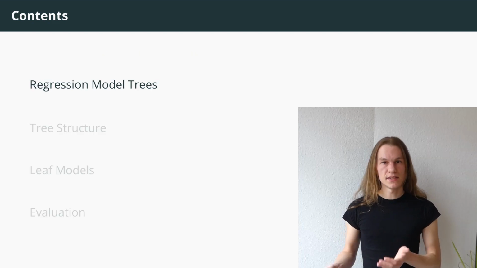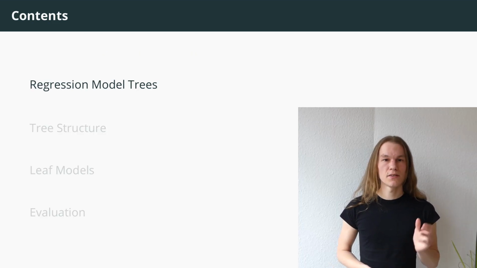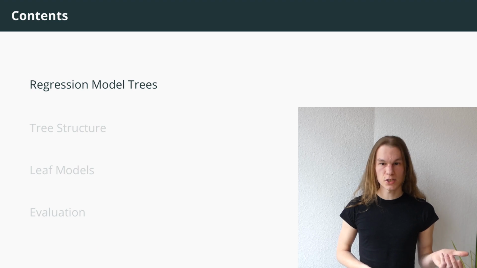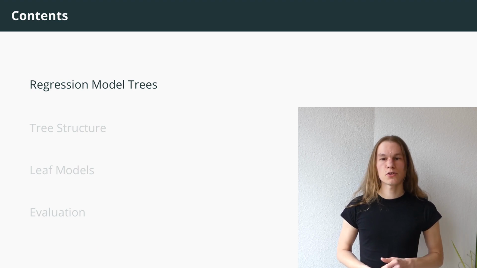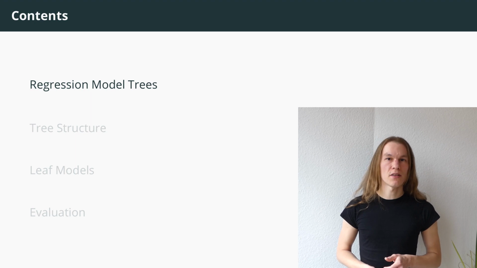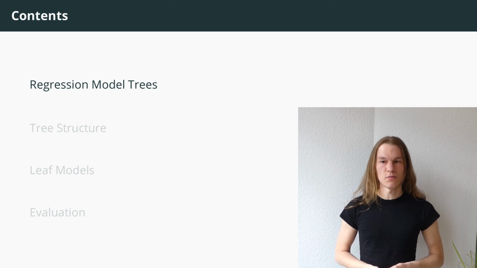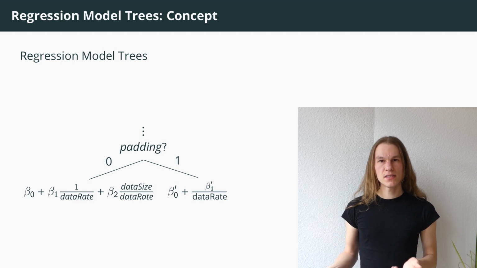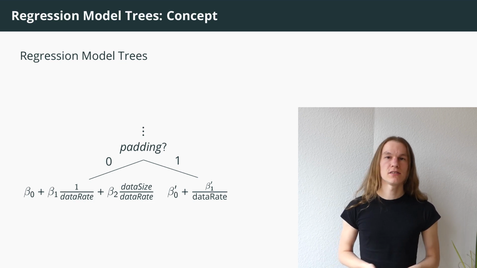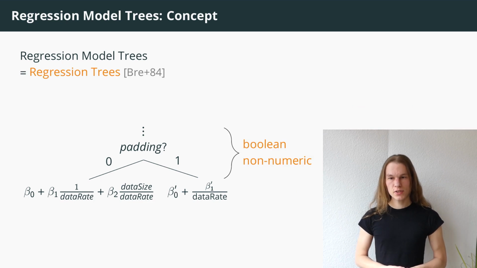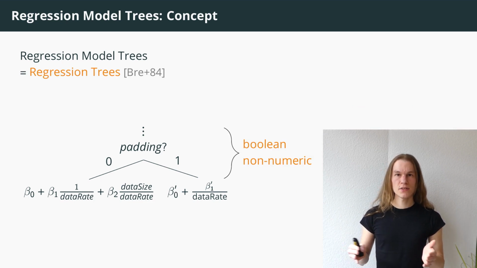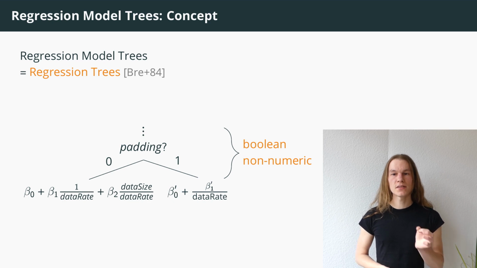Next, I'll explain the idea behind regression model trees and the key concepts used for automatically generating them, and then show how regression model trees compare to other machine learning approaches, both in terms of accuracy and model complexity. The basic idea behind regression model trees is relatively simple. First, we use classification and regression trees to generate a decision tree that describes how Boolean and non-numeric configuration variables affect the device's operation.